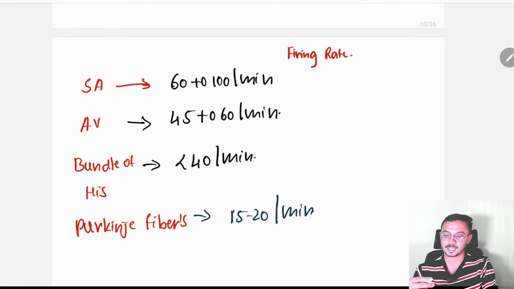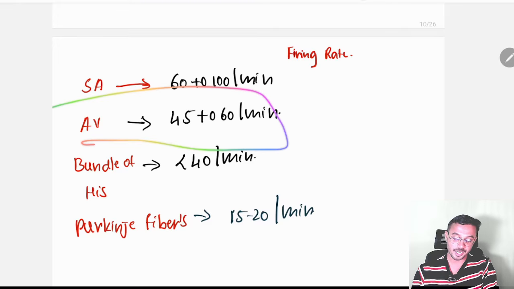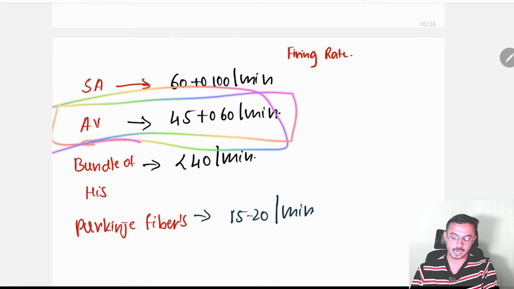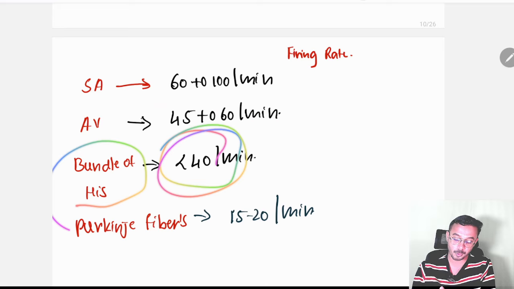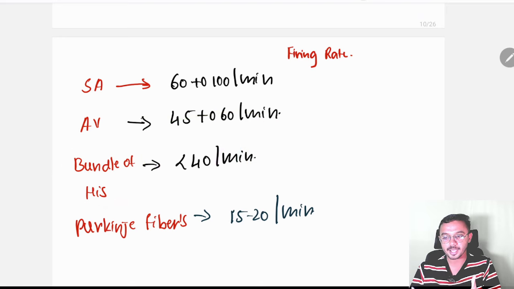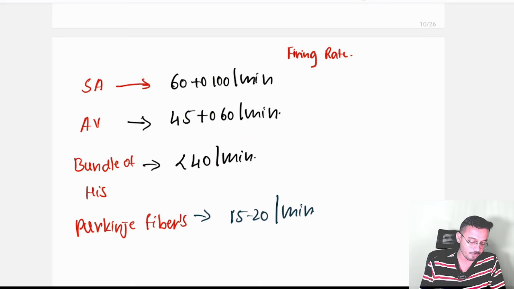So this is how God has arranged it: in some condition the SA node won't fire, then the AV node will come into action. Whenever the AV node comes into action, your heart rate can go max up to 60, that's it. Whenever the bundle of His comes into action, your heart rate cannot cross 40, its capacity itself is 40. Okay, so this is about firing systems.